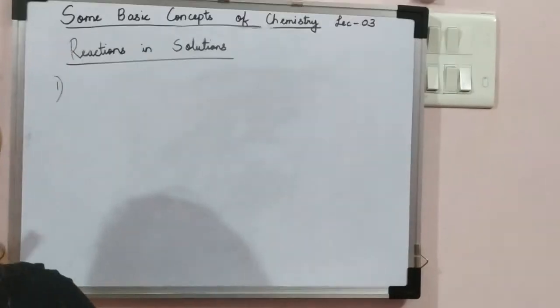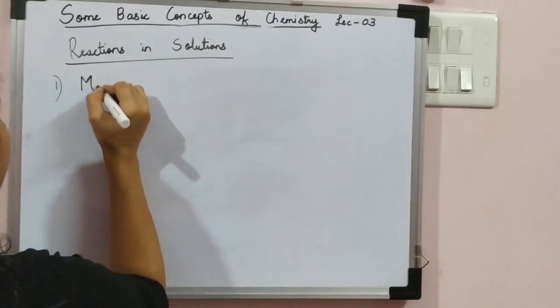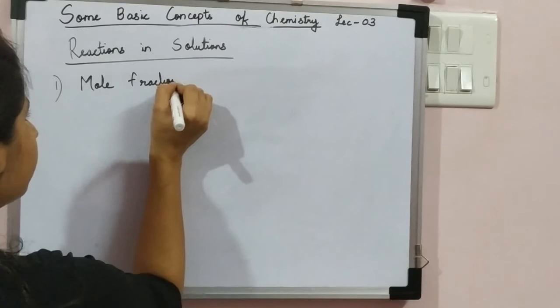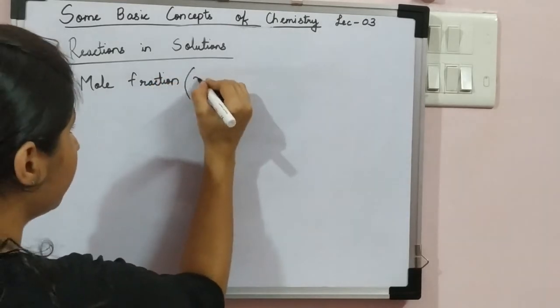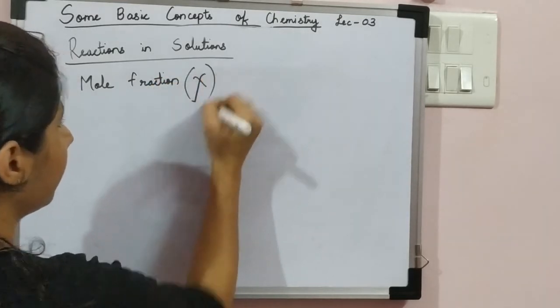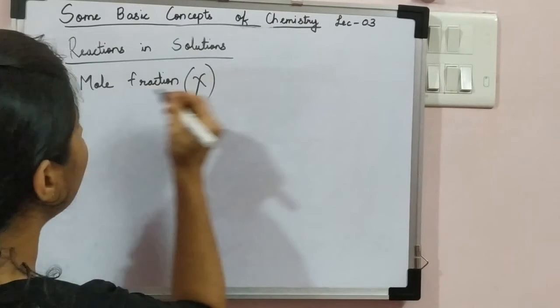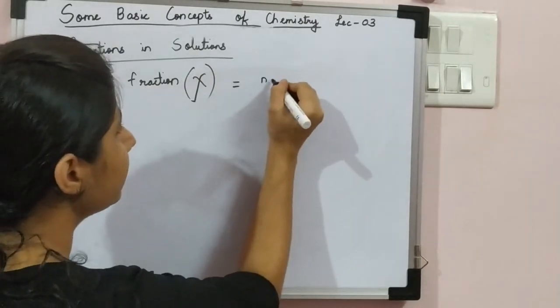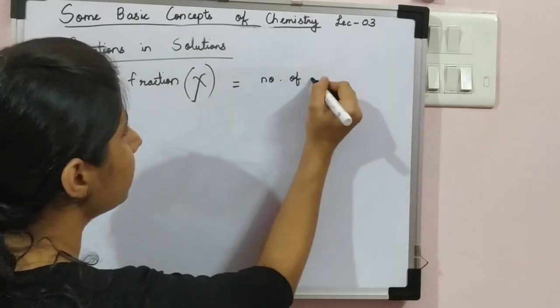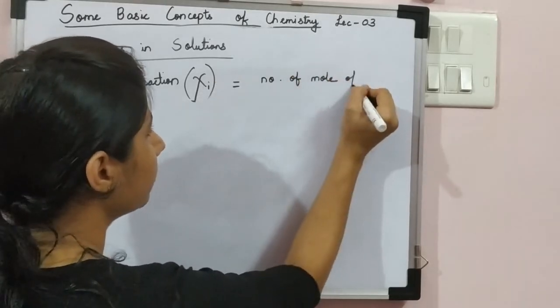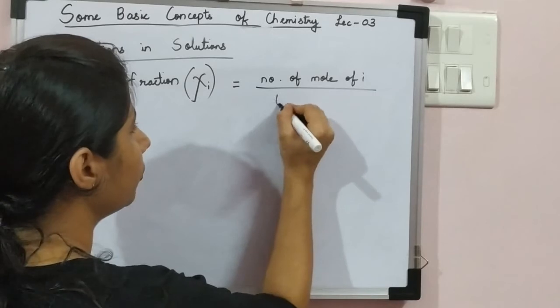The formula for mole fraction: it is denoted by the symbol chi. Chi is the symbol for mole fraction. Now what is it? Number of moles of i upon total number of moles.